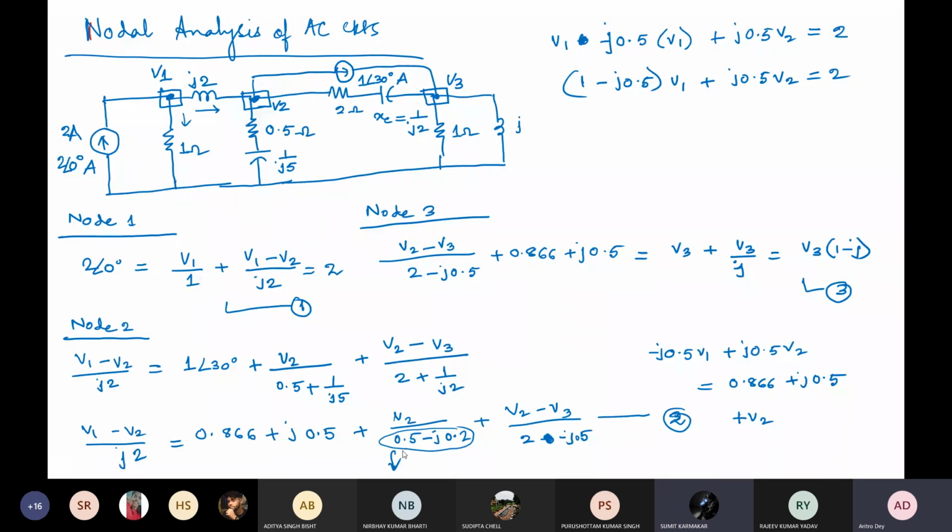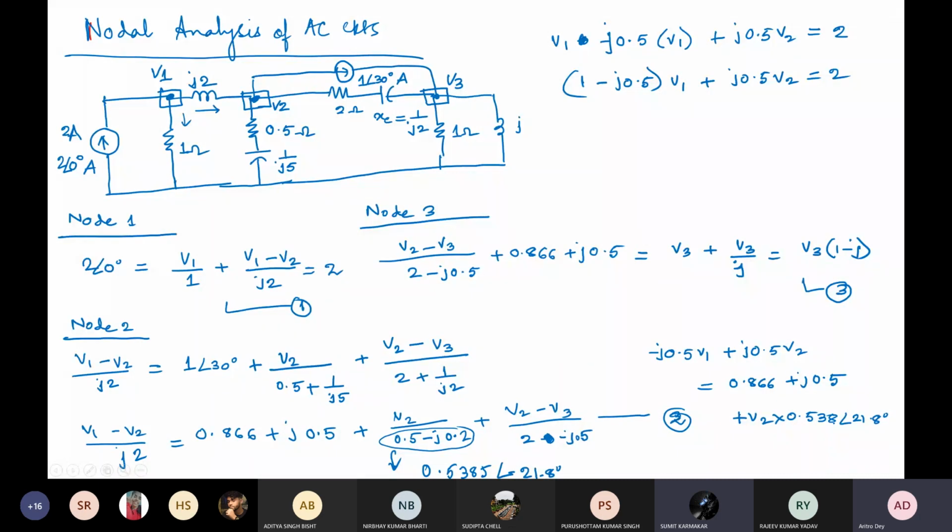Take rectangular to polar, enter 0.5 comma minus 0.2, and you will get 0.5385 angle minus 21.8 degree. Once you take the inverse of this, it will be V2 into 0.538 angle plus 21.8 degree. Again, if you convert from polar to rectangular, your things will be easier.